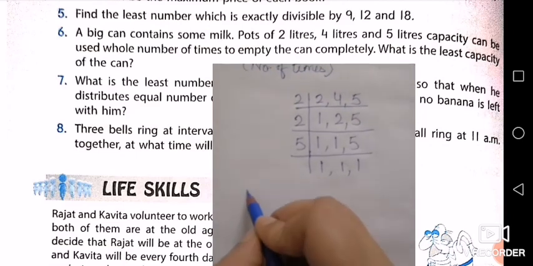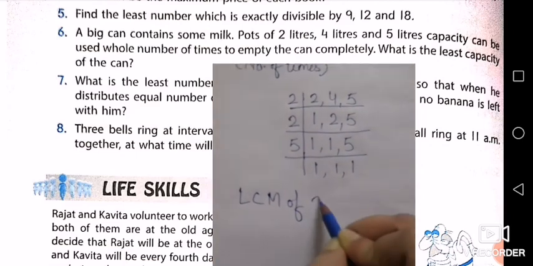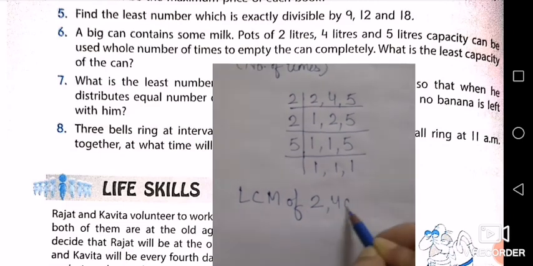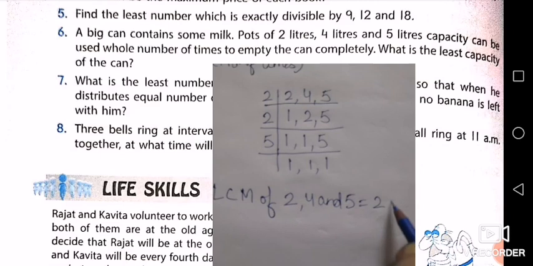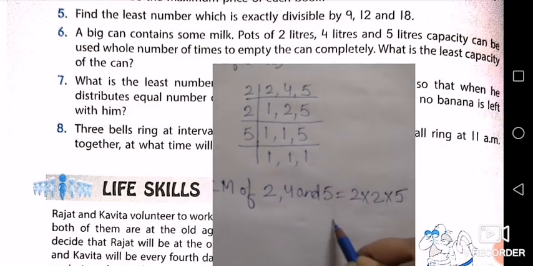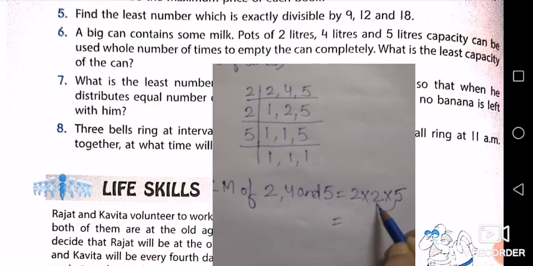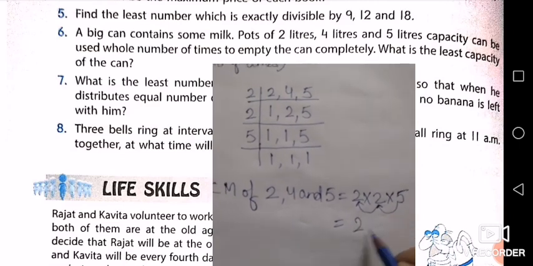So what will be the LCM of 2, 4 and 5? That we will write out. LCM of 2, 4 and 5 is 2 multiply by 2 multiply by 5. Now multiplication of these factors, 5 2s are 10, 10 2s are 20. So 20.